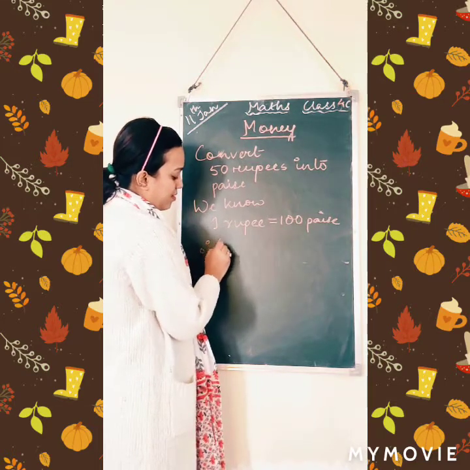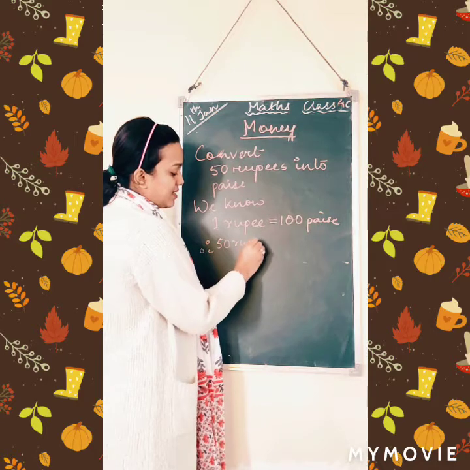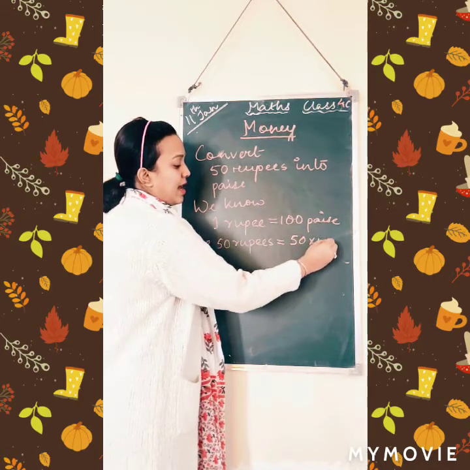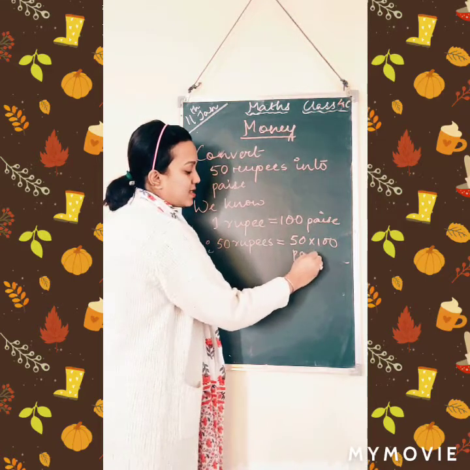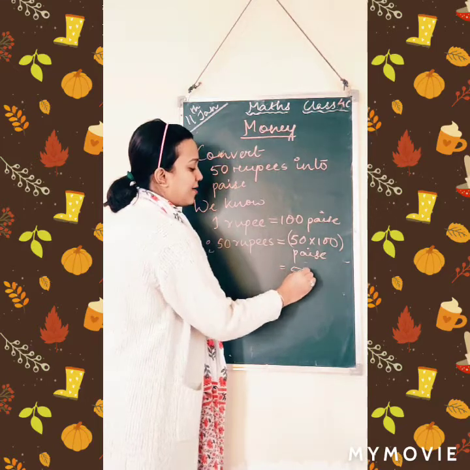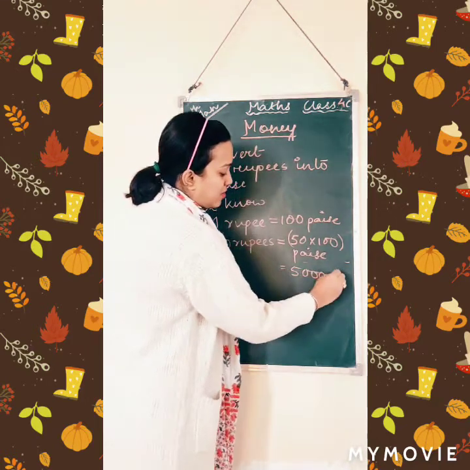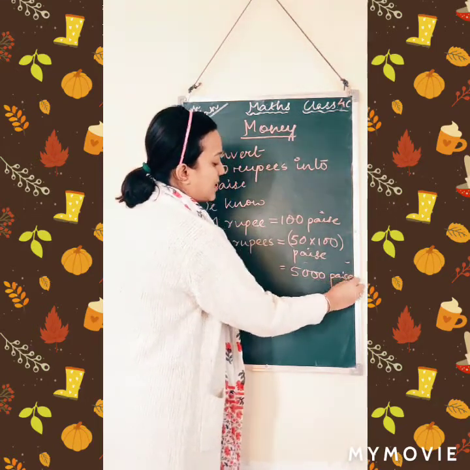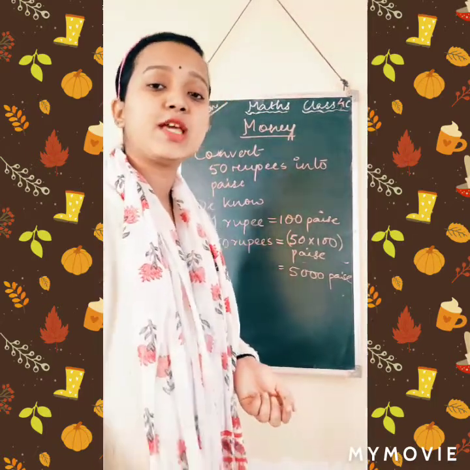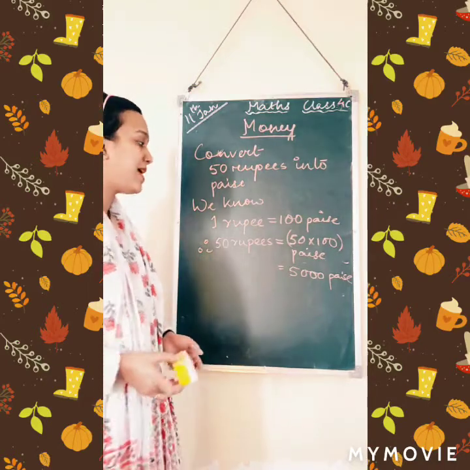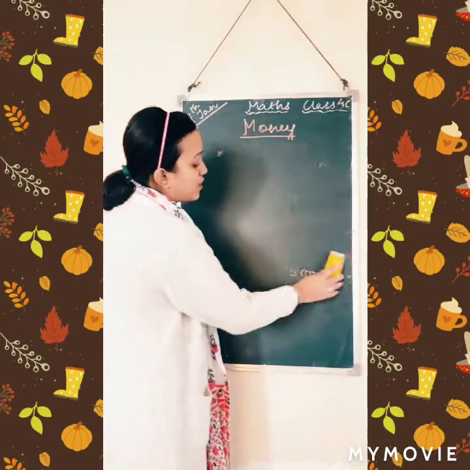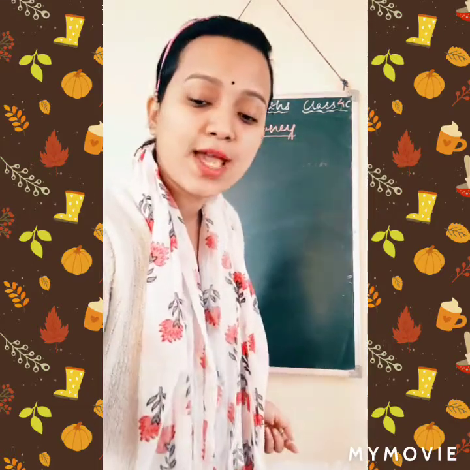Therefore, 50 rupees is equal to 50 into 100 pies. Correct? So 50 into 100 gives you what? 5 and then 3 zeros. You get 5000 pies gives you 50 rupees. Or you can tell it as 50 rupees is equal to 5000 pies. Now students, this is the way to convert rupees into pies.